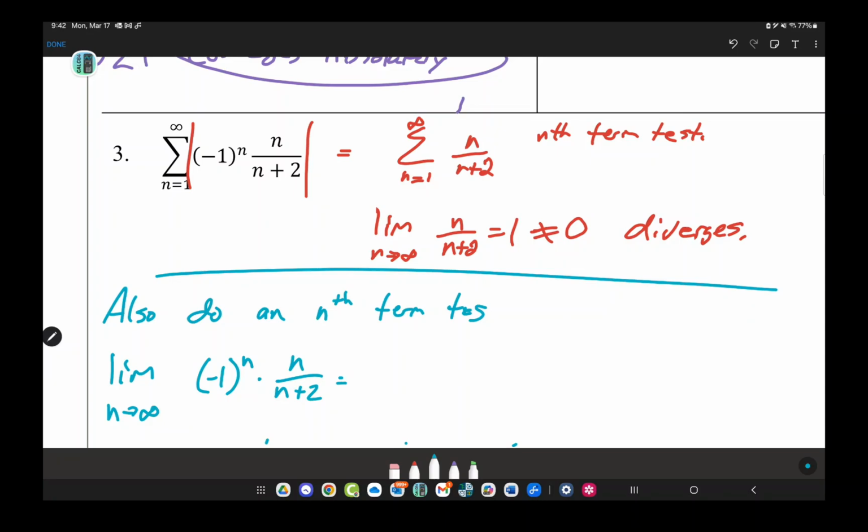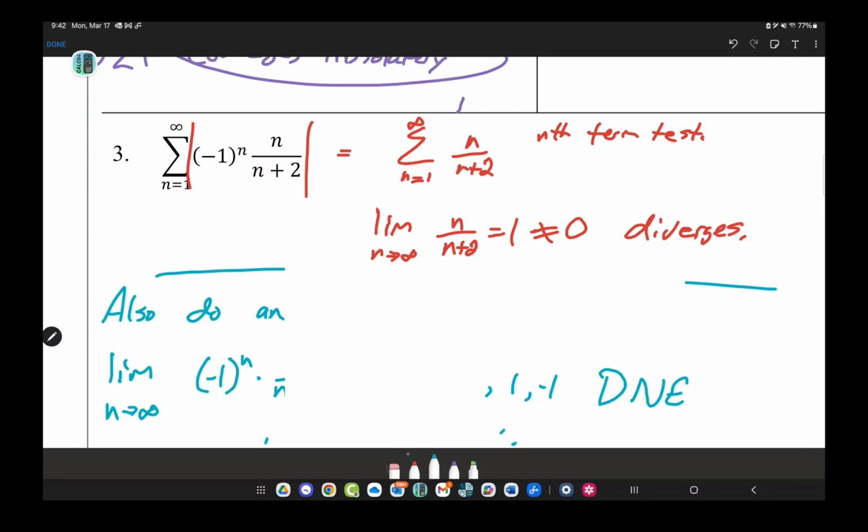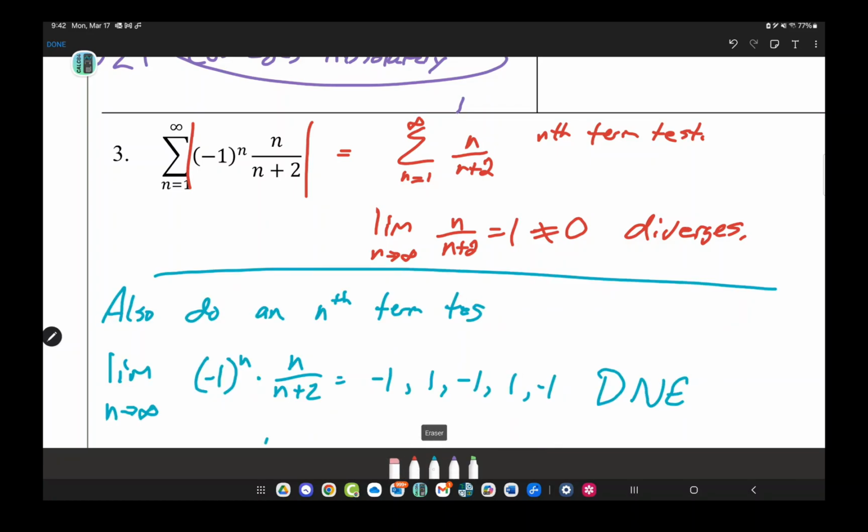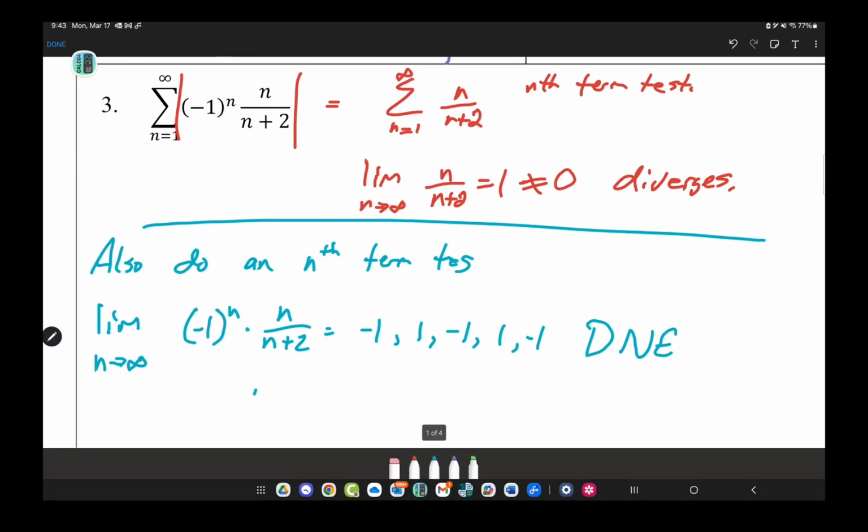What's going to happen is this is going to go negative 1, 1, negative 1, 1, negative 1. So what is the limit? The limit does not exist because it just jumps up and down. It doesn't approach any specific value, which means it diverges.